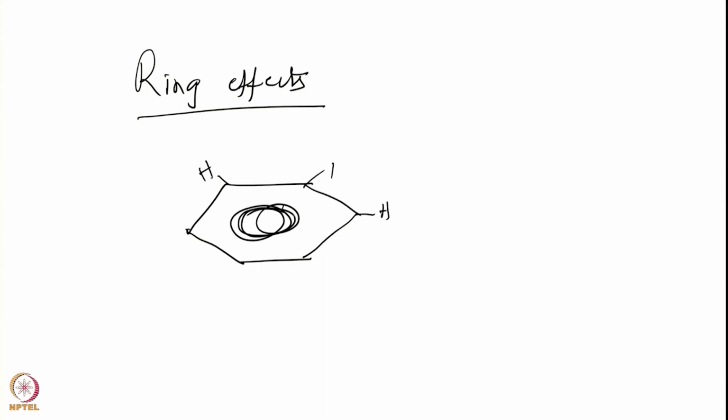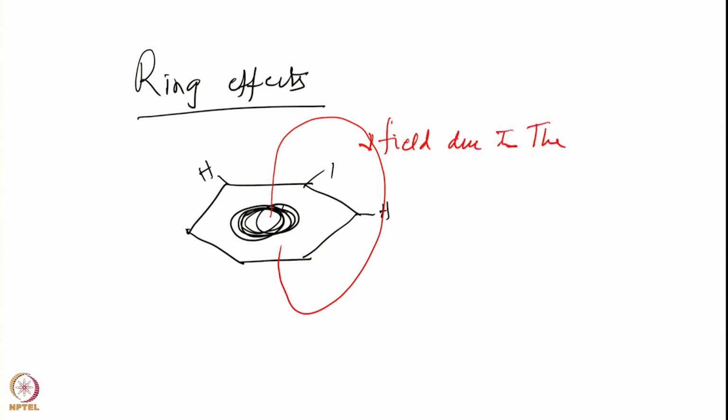So, when currents are induced in this electron cloud, this will produce a magnetic field which will go like this. This is the induced field, the field due to the ring currents.